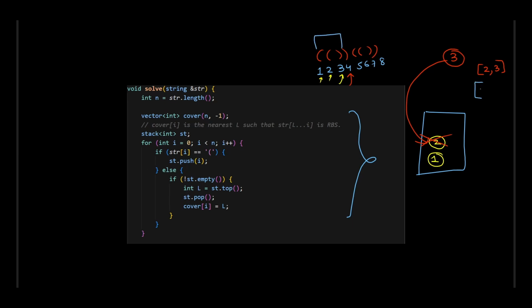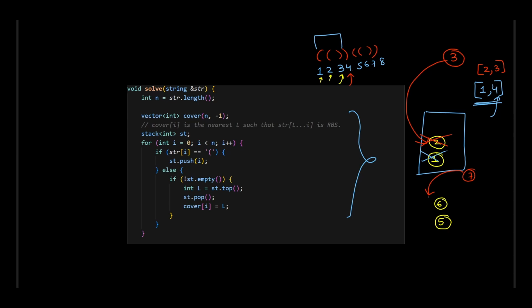It means that this 1 comma 4 is a valid parenthesis, and this is the minimum length of the valid parenthesis that includes this element at index 4, and then your stack becomes empty. Then you repeat this process, you add 5 to the stack, and then you add the index 6 to the stack, and then when you encounter the seventh element, which is a closing bracket, it will pop this sixth element.